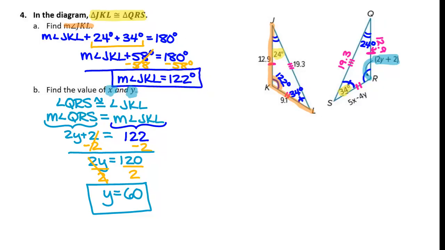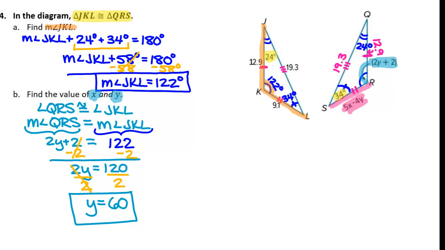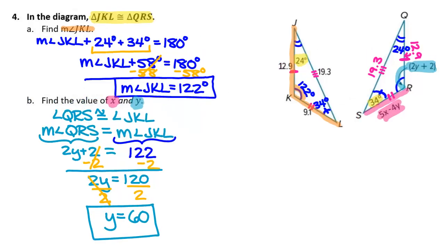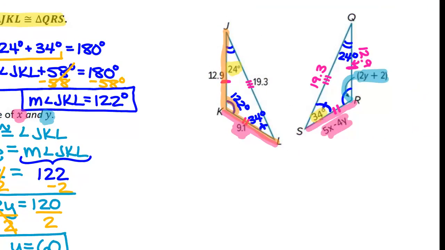We're also supposed to find x. Where's x? What'd you say? Segment RS, this right here. It's 5x minus 4y. What does that correspond to on the other triangle? KL. Do we know how big KL is? 9.1. Absolutely.